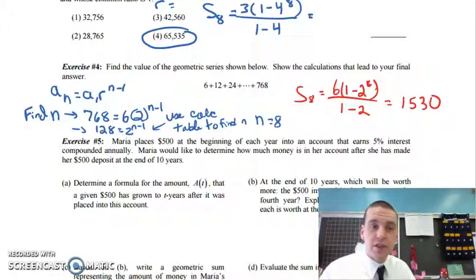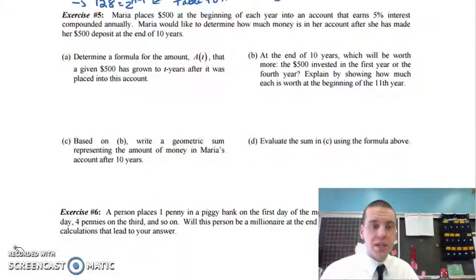So when you got down to 128, since you divided 768 by 6, you can go into y equals, type in 2 to the n minus 1, and then go to your table and figure out which n value gives you 128. And you'll notice that n is 8. And so therefore, you're going to do 6 parentheses 1 minus 2 to the 8 divided by 1 minus 2, and you should get 1,530.